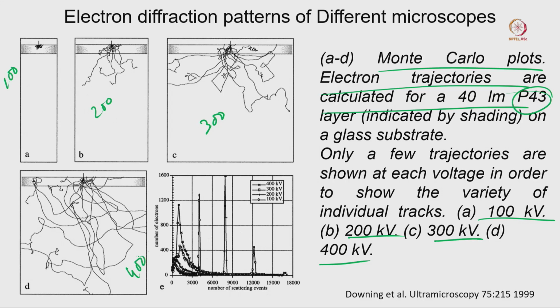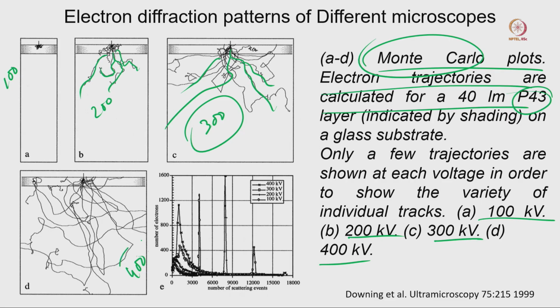Now, this is 100 kV, you can see the electron hits the scintillator, even though it is not traveling that fast, but in the other cases you can see a different kind of trajectory, they are following different types of path, and this is basically calculated using this particular method, the Monte Carlo simulation. But when you have a more energetic electron, they travel a longer distance, they have a different type of trajectory. So, even in 400 kV you can see some of these electrons are going back here or going back here, and it started again a new event. So, that is creating some kind of noise.